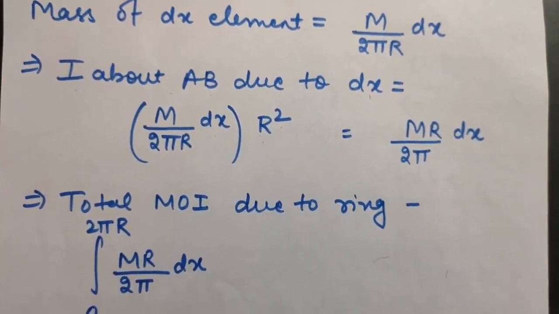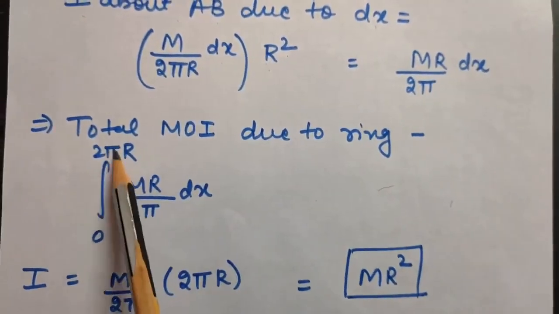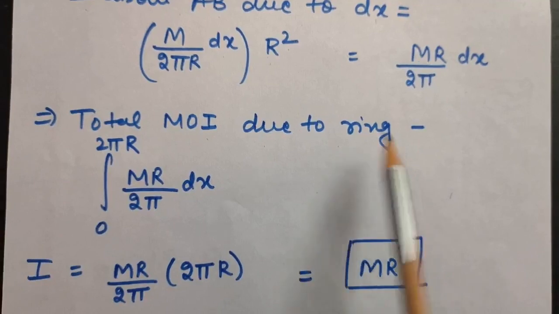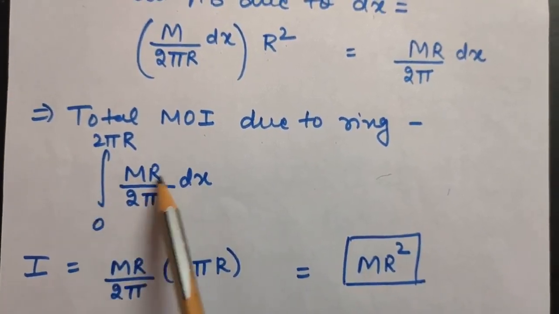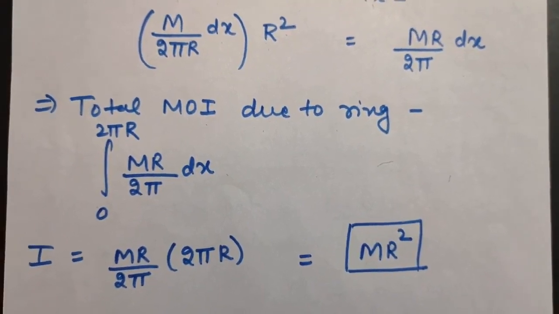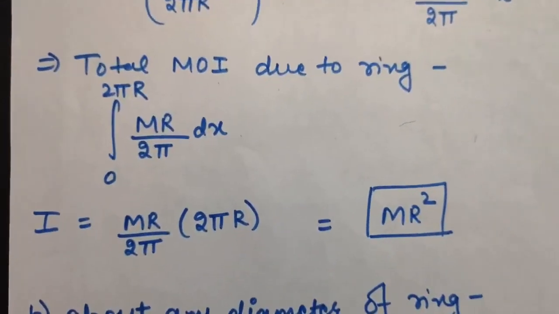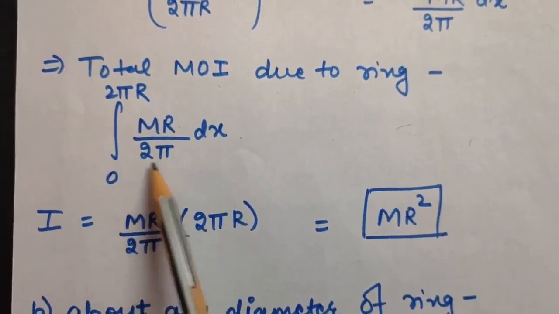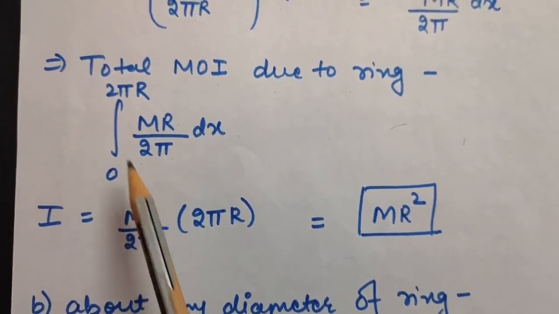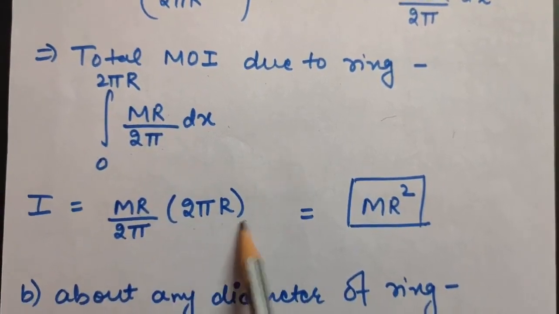Now come to the third step, that is integration of this moment of inertia to get total moment of inertia due to ring. So we will just integrate this, that is M R upon 2 pi into dx, and we will be integrating from 0 to 2 pi R, because this is our circumference, right? Now all of you know how to do integration. M R upon 2 pi is constant, it will come outside. Integration of dx from 0 to 2 pi R will be 2 pi R.